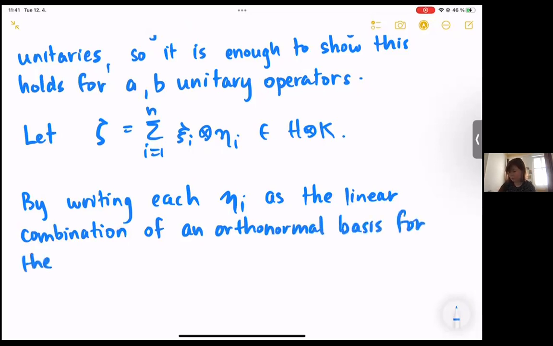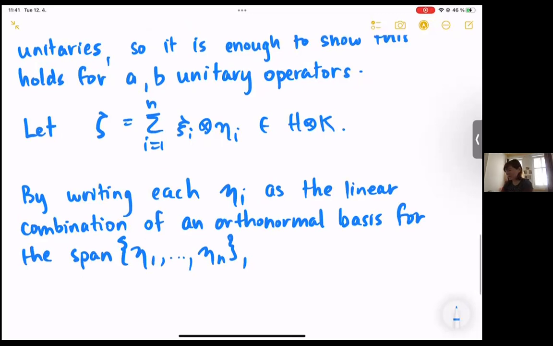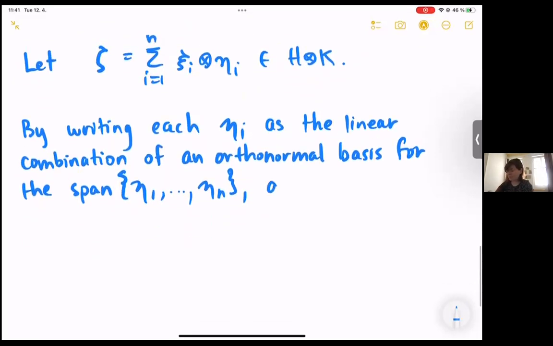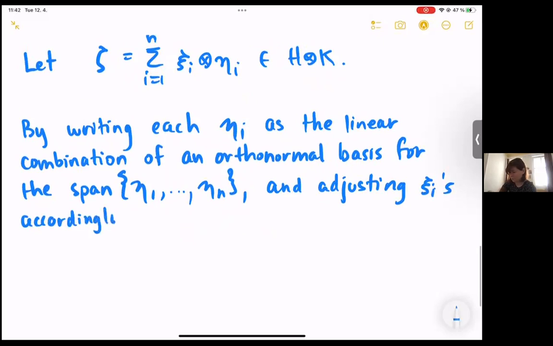We don't really need the whole Hilbert space, but just the span of these. And we do that, and we can reshuffle things and maybe change the eta i's. So we can assume that we have written zeta in a way that all the chi i's are pairwise orthogonal.